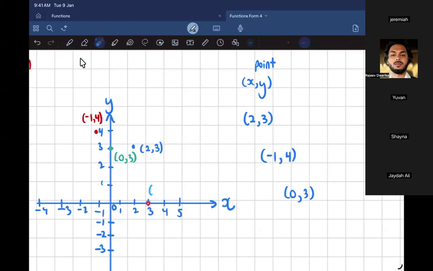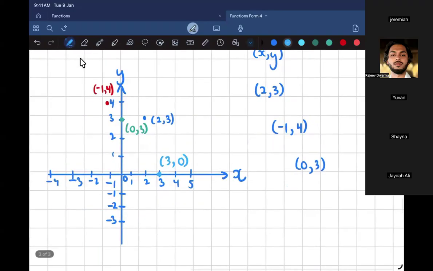If I want to go to this point over here, we want 3 to the right, and did I move up or down? No, sir. So, 3, 0. Cool. Excellent.